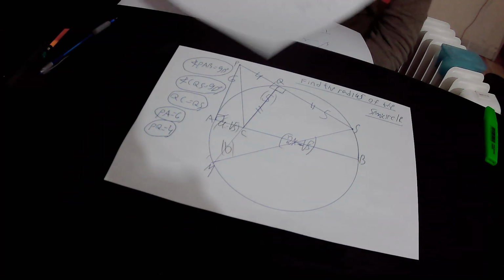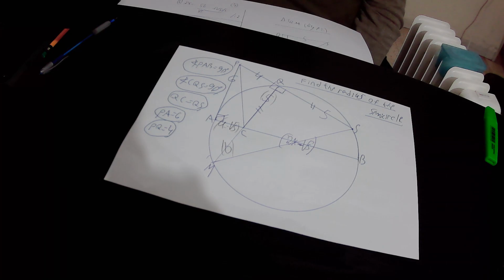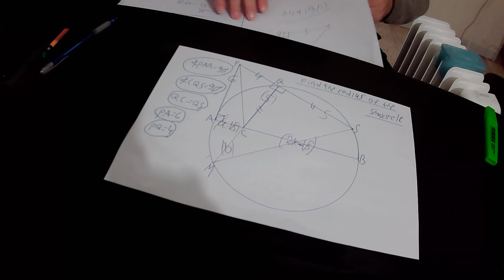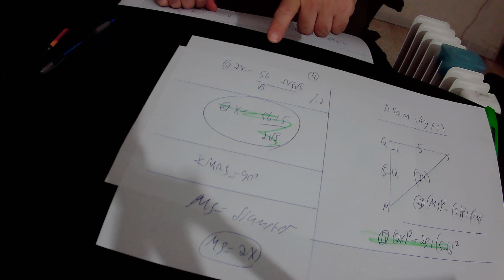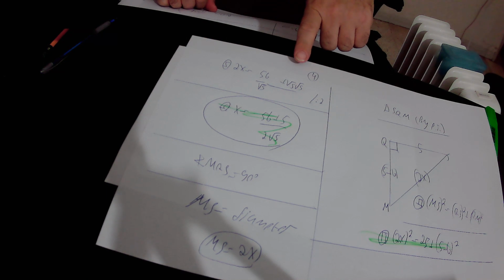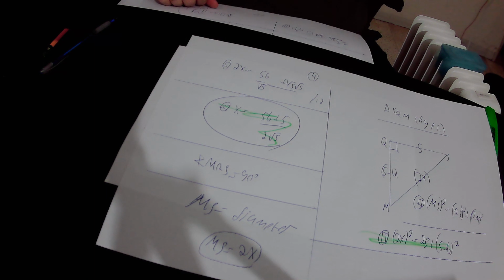And finally we found that, according to equation number 1, x equals 5b over square root of 5, and then we multiply square root of 5 by 5, and then we divide it by square root of 5.